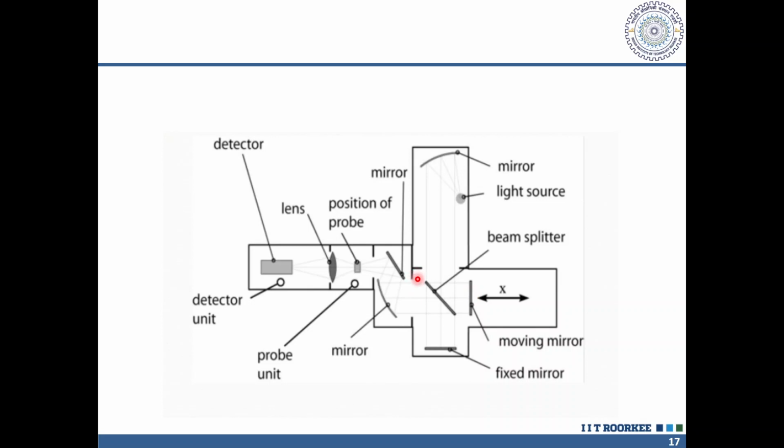When light is passed through the beam splitter, the path difference is mainly dependent upon the moving mirror and also the fixed mirror. When these two create a path difference and it gives the light, accordingly we get the spectrum. And when it is converted by the Fourier transform, we get the spectrum which contains the frequencies.